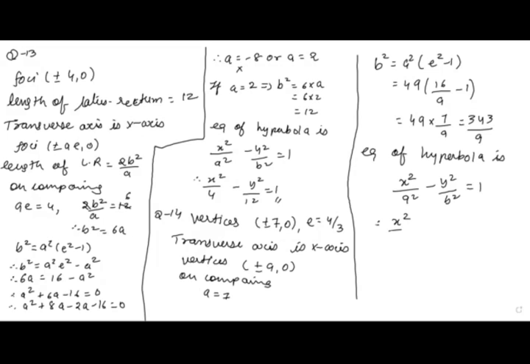Therefore, x square by 49 minus y square by 343 by 9 is equal to 1. So I can write this as x square by 49 minus 9y square upon 343 is equal to 1. This is my equation of hyperbola.